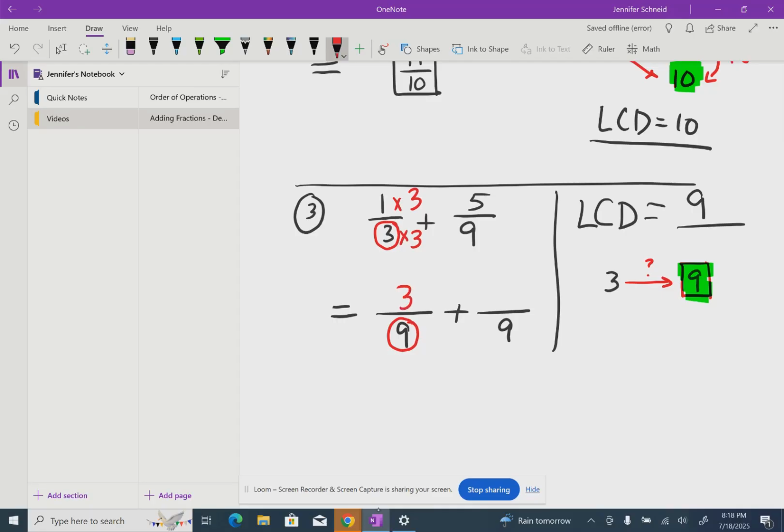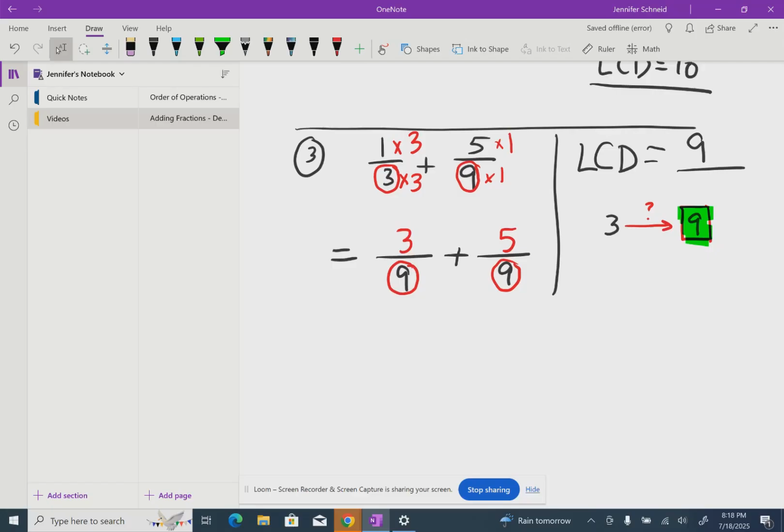Now if I look at this other denominator on the right fraction, it looks just like the new denominator, no change. So really we're just multiplying by 1. Since I did it on the bottom, I'm doing it to the top. Notice that that second fraction did not change at all. And so that happens sometimes when the one denominator is the one that you want.